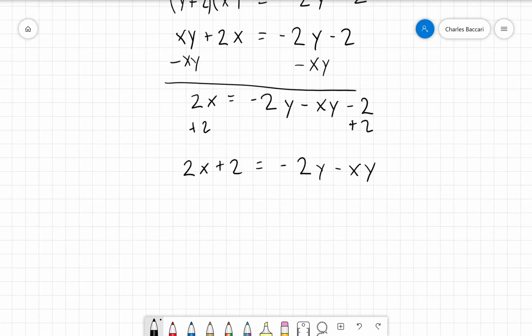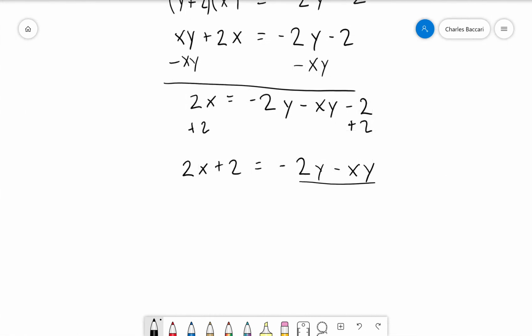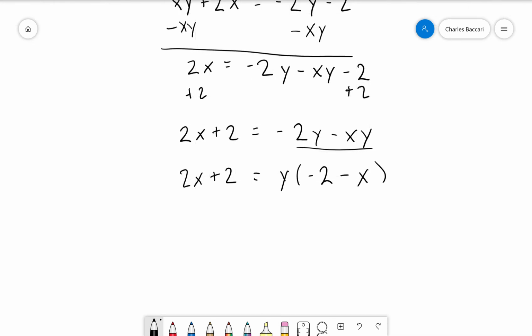Okay, now we can factor out a y from these two. So let's do that. We have 2x plus 2 is equal to y times negative 2 minus x. I'm going to probably rewrite that, but we don't have to just yet. Actually, I don't see a real benefit, so maybe we don't need to.